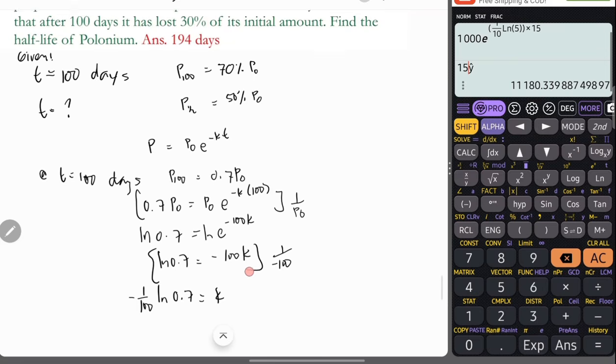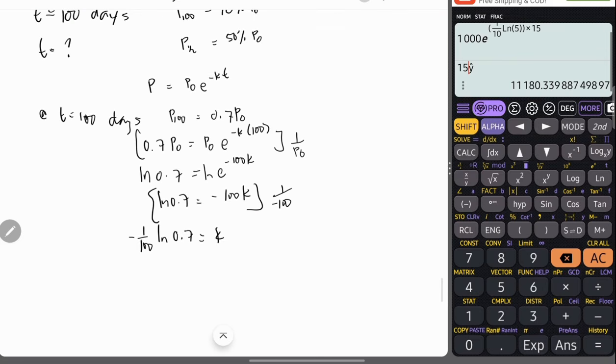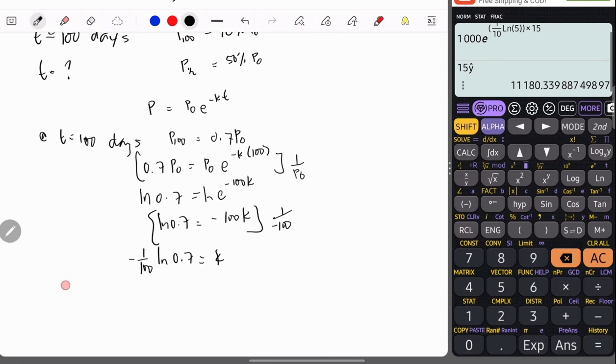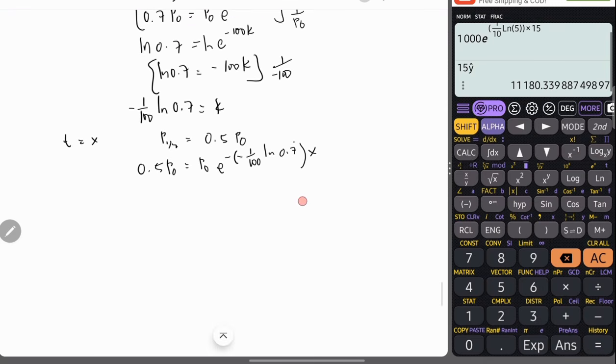Then, find the time when the amount is 50%. At t equals to x, half-life is 0.5 P sub O. So, when the time is missing, P is 0.5 P sub O equals P sub O e to the k, which is negative 1 over 100 ln 0.7, then times t or x because time is missing.